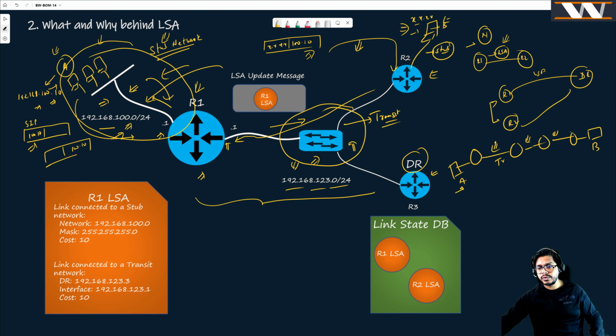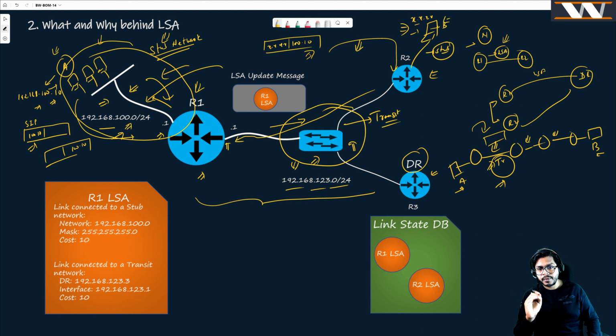Because if A wants to communicate to B, this packet is going to flow over this link for sure. Otherwise, there is no way A can reach B. So this packet is going to flow from A to B over these links, but these are the transit links, right? Transit, why? Because neither the destination nor the source belongs to this network, which is the link between these two routers. It is as simple as that.